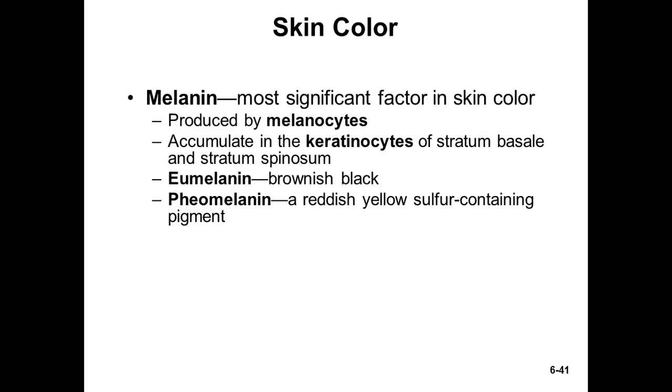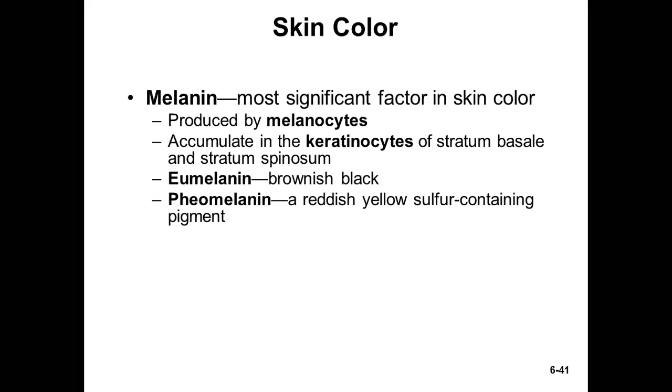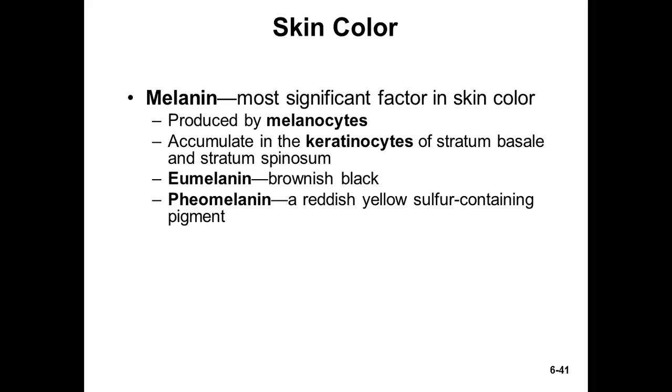So that's why people that are fair-skinned, even light-skinned African-American people, the melanin is not actually penetrating or coming through the layers of the epidermis, as opposed to someone that produces a little bit more melanin.